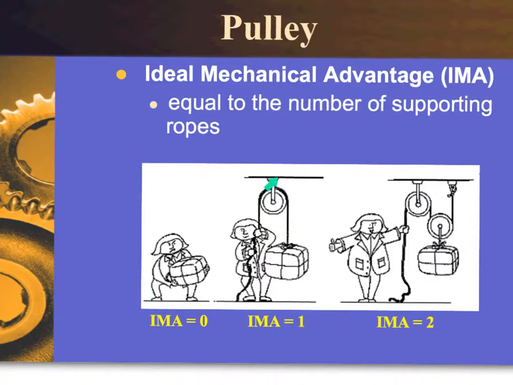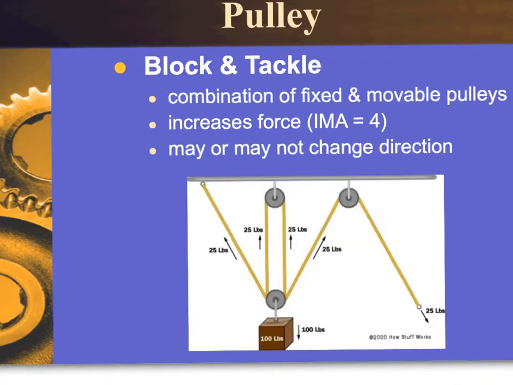Now here we have the rope, but we pull the rope outward, so we only have that one area here, and so that's an ideal mechanical advantage of 1. Here we have 1, 2, this pulls out, so this has a mechanical advantage of 2. Here we can see what block and tackles look like, and these are combinations of fixed and movable pulleys, and they help to increase the mechanical advantage.